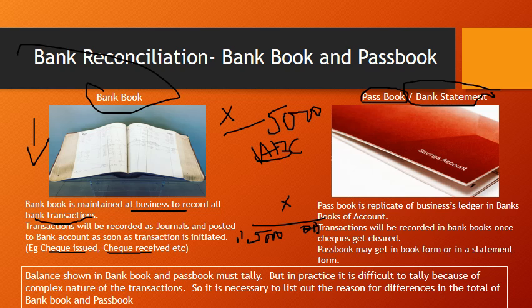So this will reduce the balance in the passbook also. Whenever the balance reduces in our bank book, in the same way the bank also reduces that balance against us.